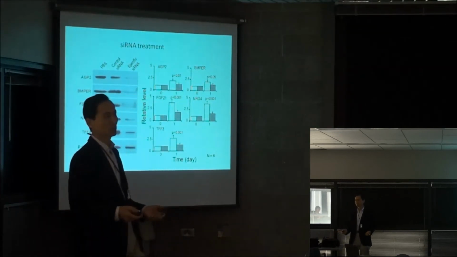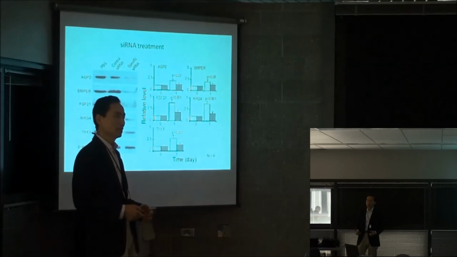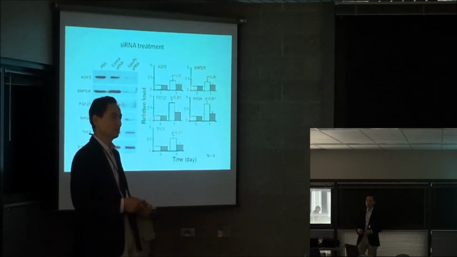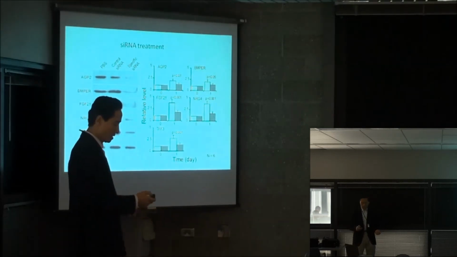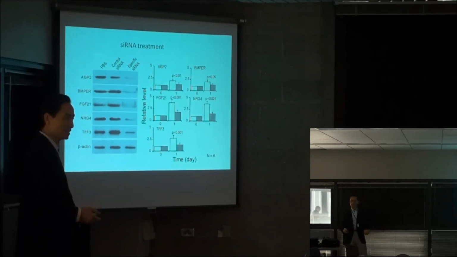That's great, because we are trying to knock down or remove liver proteins, and the liver cells will take up most of the siRNA molecules. So siRNA will get to the liver and significantly knock down the expression of all 5 protein genes.